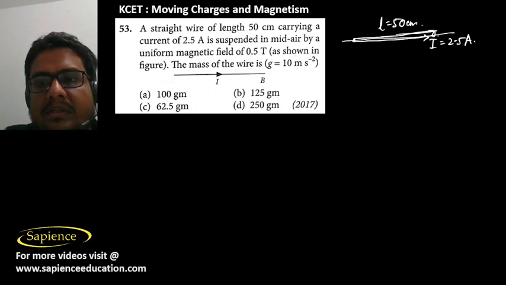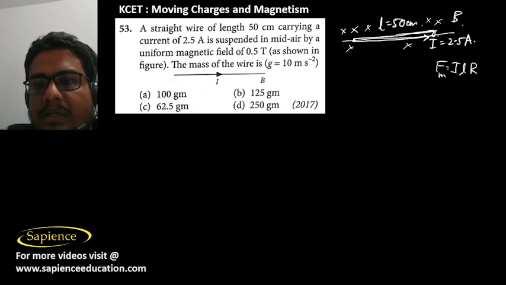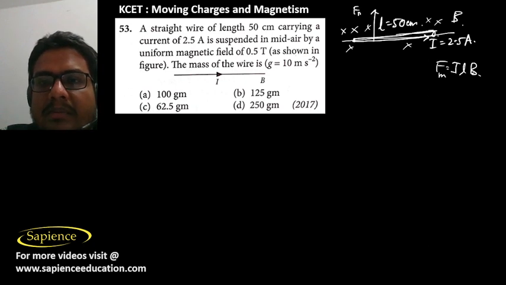So it means that the magnetic field should be acting inwards, then only the magnetic force on it, given as IL cross B, ILB, will be acting upwards, and that magnetic force will balance the weight of the wire.